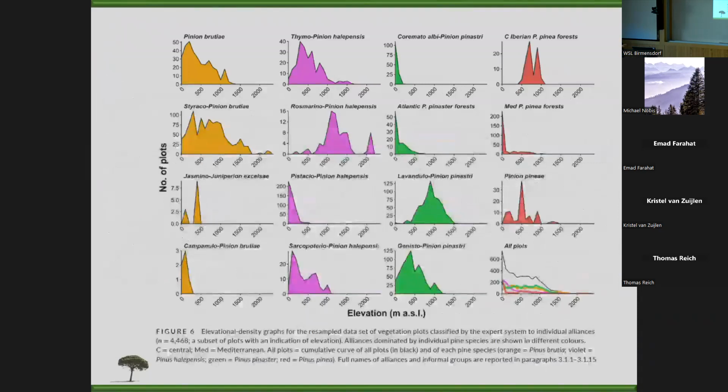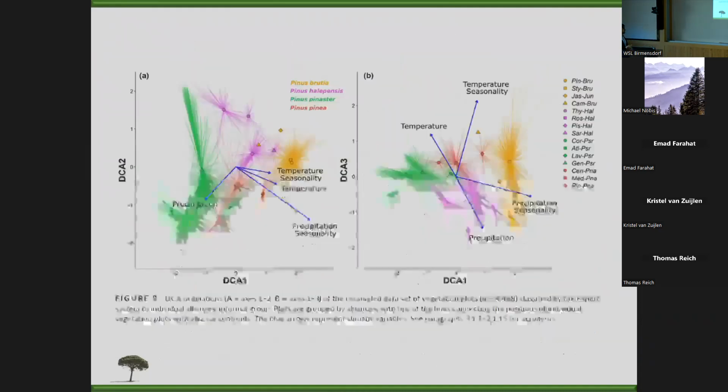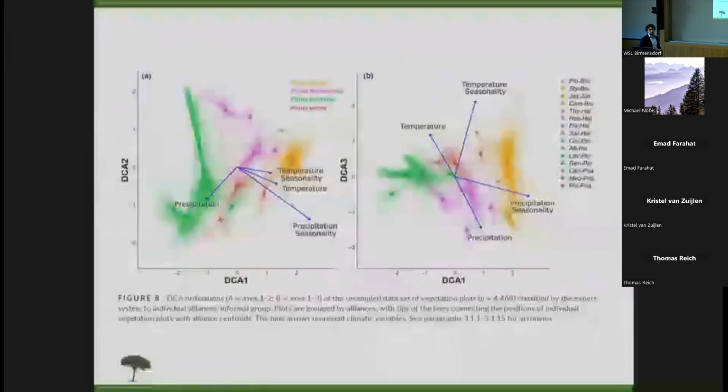And as I said, each of these groups refers to a specific ecology, in this case, elevation. So some of them overlap, but some of them are instead complementary. So they shift in their elevation occurrence. And the same applies to the climatic features of these forests.